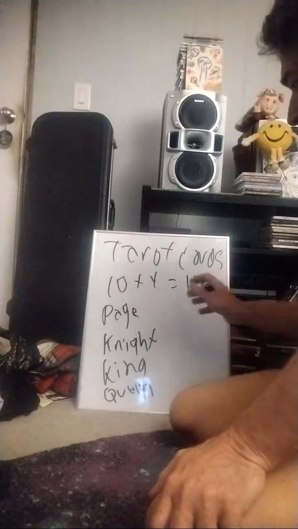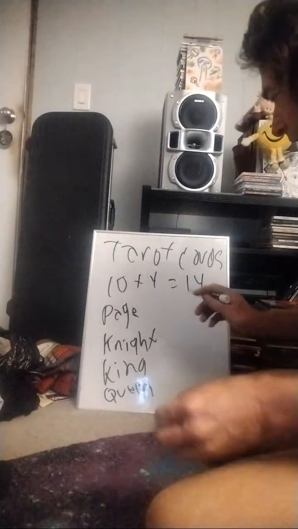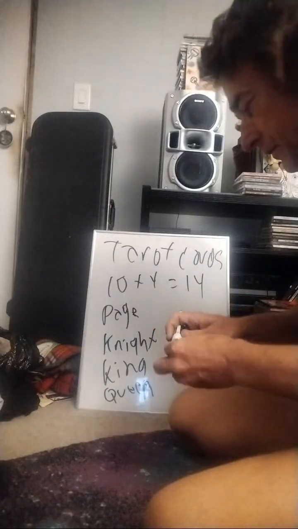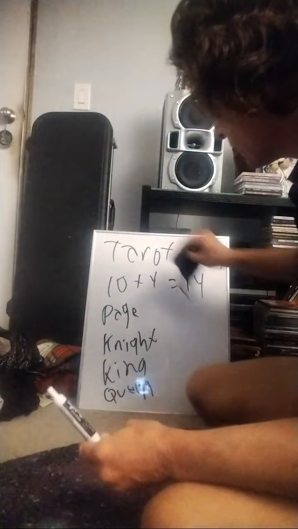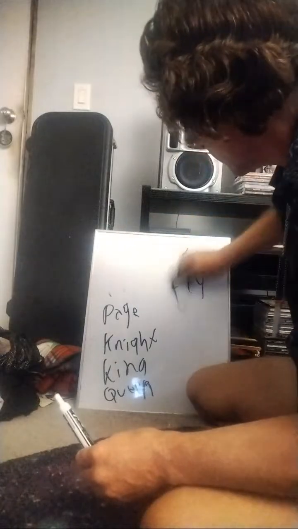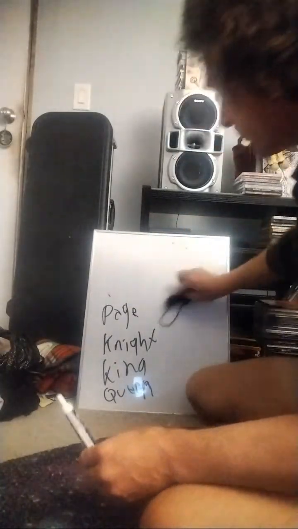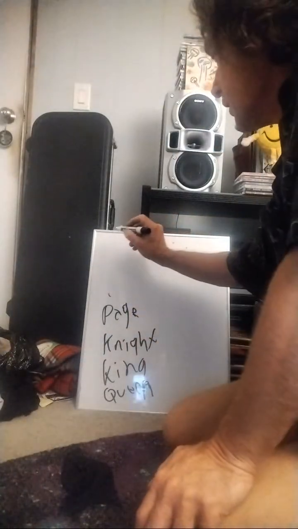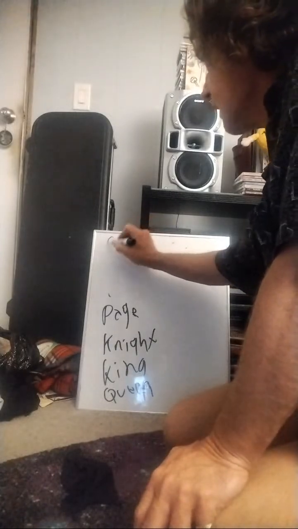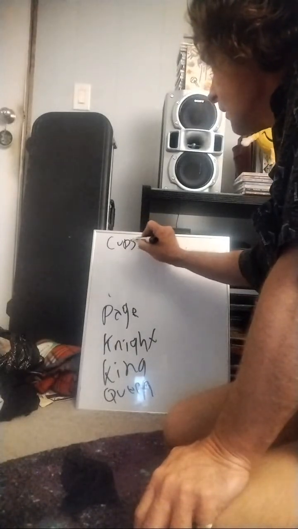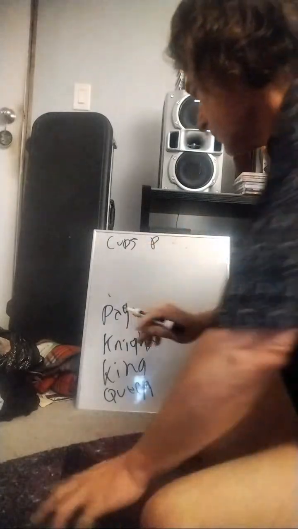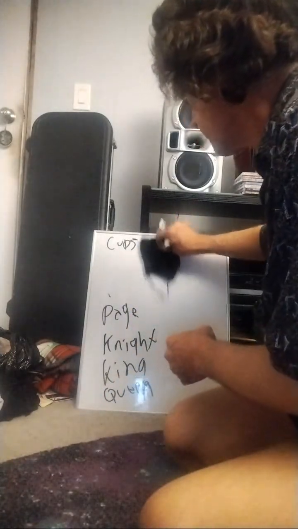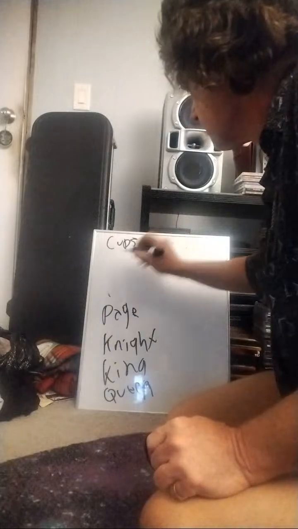And then you have also 4 suits, which are, let's try to write this cool. So there's 14. I can erase that now. And then there's also 4 suits, which are, let me do this right, cups, pentacles. In fact, let's write it up and down. No, wait, let's erase these because I need the room.